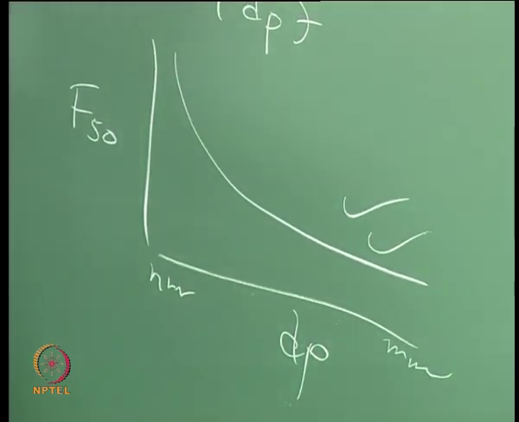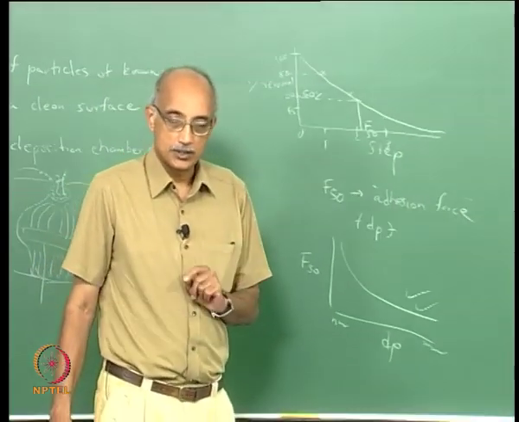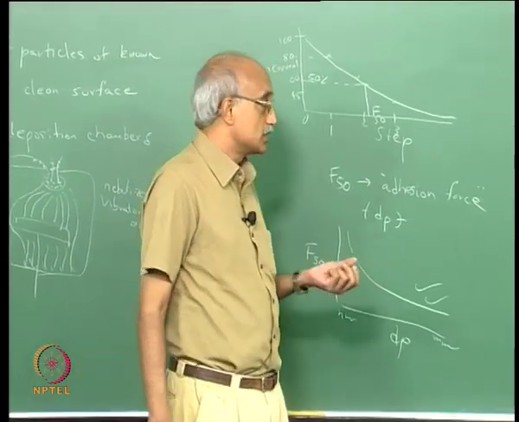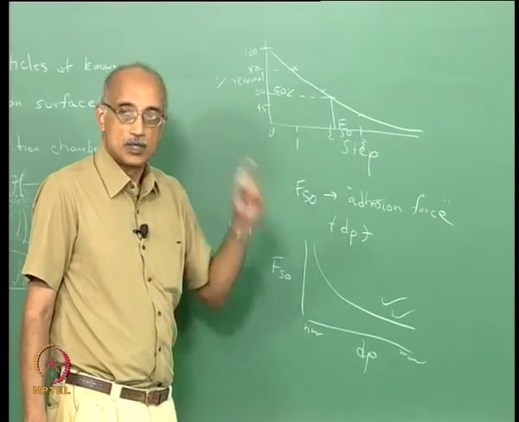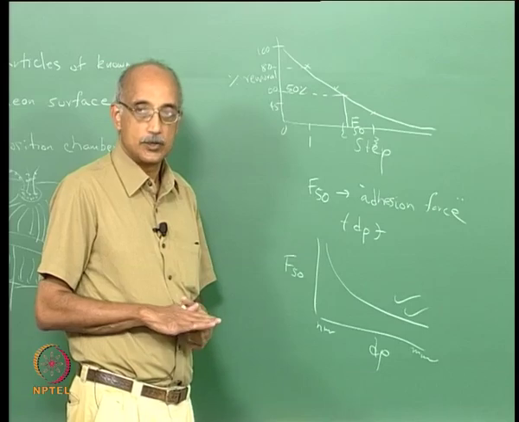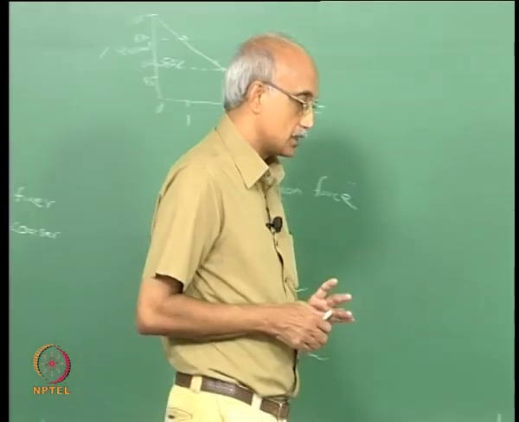So this is how we characterize adhesion of particles on a surface. Now one of the questions is, how do you estimate this percent removal? What techniques are available for you to do that? Well, we have examined some of these techniques earlier.